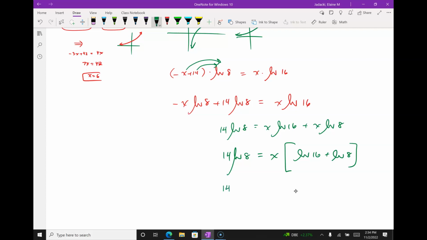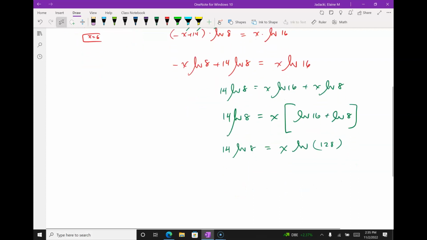Let's do that. 14 times the ln of 8 equals x times ln of what? What did I do with the 16 and the 8? Multiplied them. Now I get x equals 14 times the ln of 8 over the ln of 128.